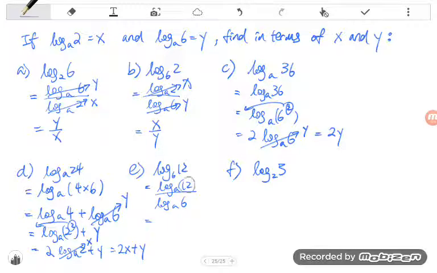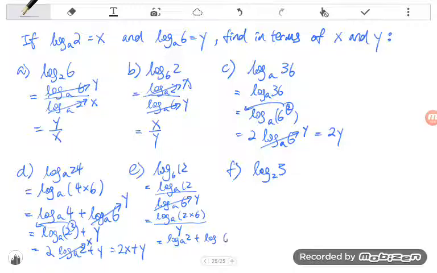And I can break the 12 into 2 times 6, with an a there, divided by log 6 to the base of a. This is my y, and I can break the numerator down into 2 logs adding each other.